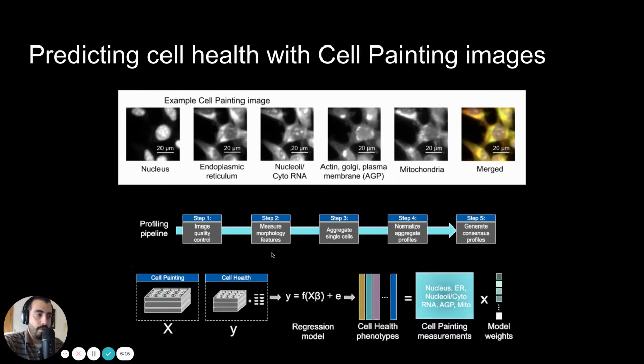This enables us to set up this machine learning framework in which we use our cell painting consensus profile morphology readouts to predict each of the 70 cell health readouts that are derived from the cell health assays independently, using 70 different regression models. And so really what it boils down to is to fit a model to identify model coefficients using the cell painting measurements to predict each of the cell health phenotypes.